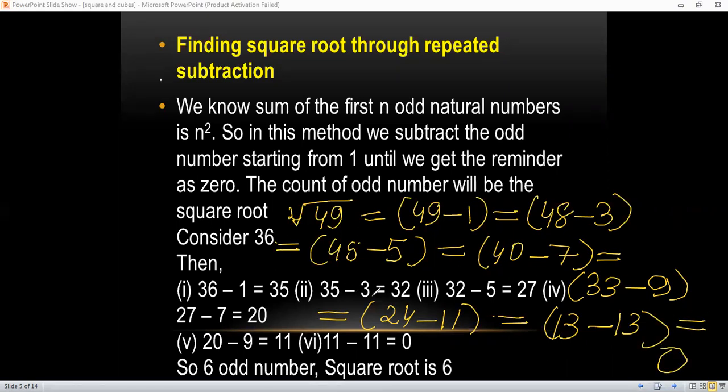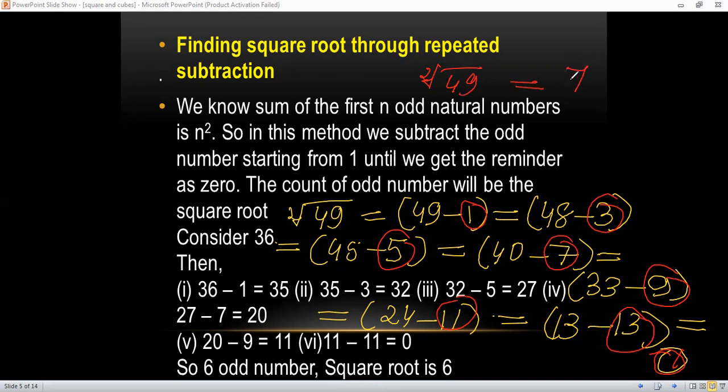So here you can see that we get 0. Now I will count the odd numbers: 1, 2, 3, 4, 5, 6, 7. That means the square root of 49 is 7.